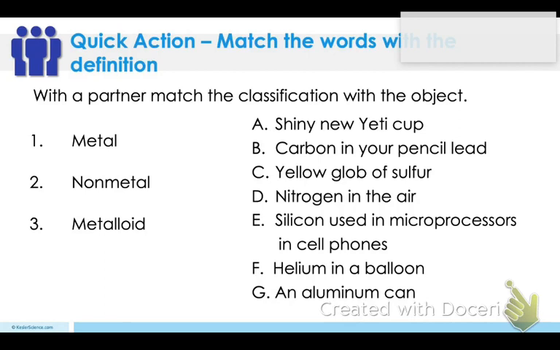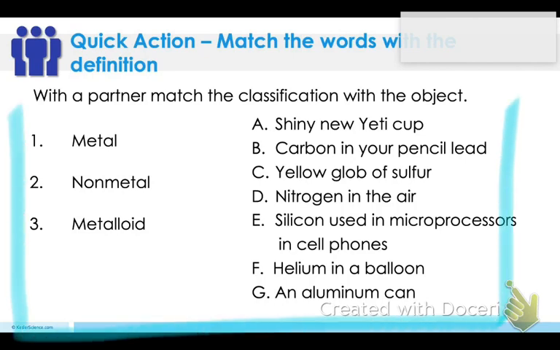All right, so for this page, I want you to write all the metals, nonmetals, and metalloids down. I basically want you to write it down like this. I want you to work with a partner. On the notes you just wrote down, I want you to determine what is a metal, a nonmetal, and a metalloid.